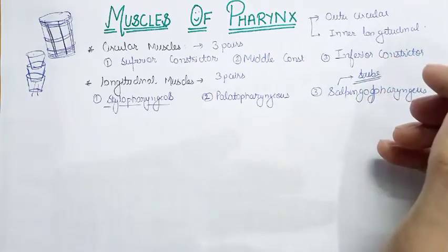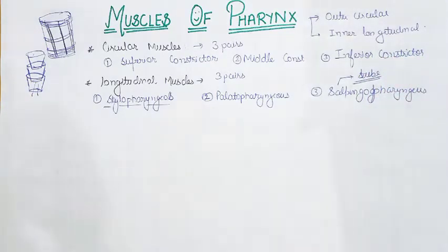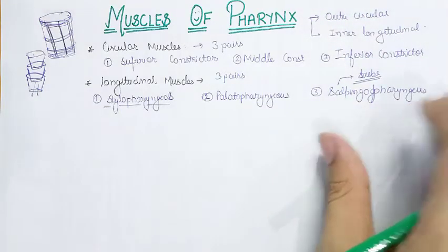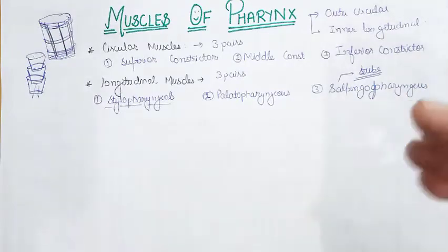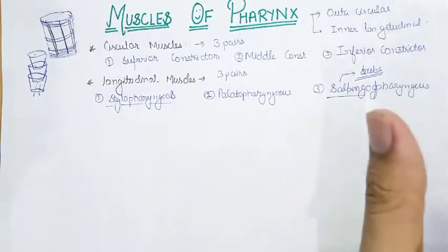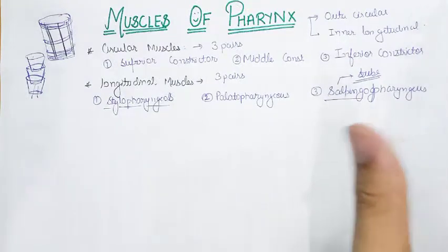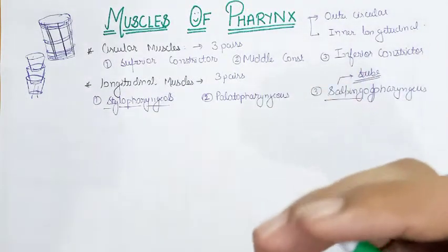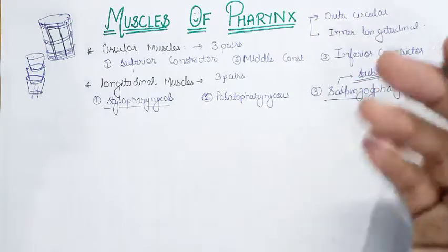So it has an attachment to a tubular structure. The only tubular structure you know in the case of the pharynx is the auditory tube. So it originates from the auditory tube. When you hear the word salpingo or salpinx, remember the tube. It is also the case with the fallopian tube, which is also called the salpinx.